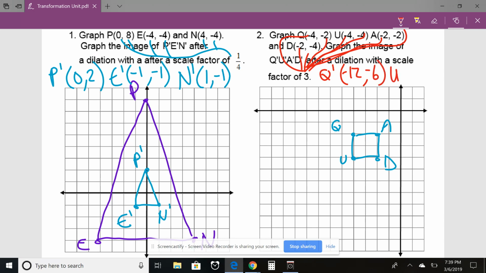My U prime is going to be -4 times 3, which is -12, and -12. My A prime is going to be -2 times 3 is -6, -6. And my D prime is going to be -6, -12.